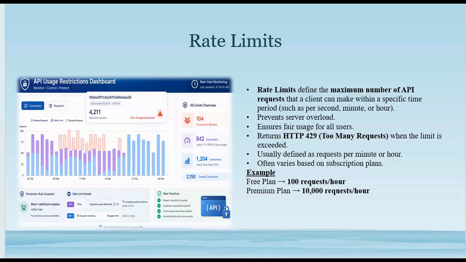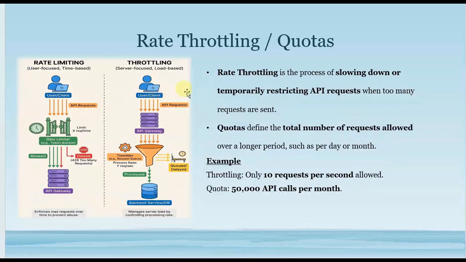And one more is rate throttling. Rate throttling is the process of slowing down or temporarily restricting API requests when too many requests are sent. Look at the picture here, rate limiting and throttling. This part shows rate limiting, on the left side. The user sends multiple API requests.